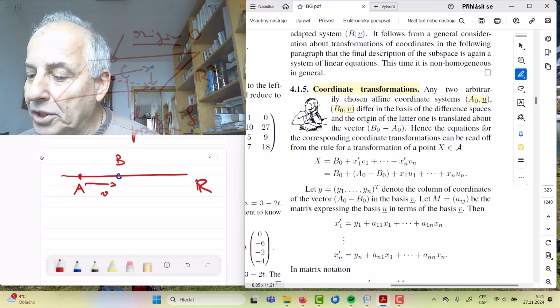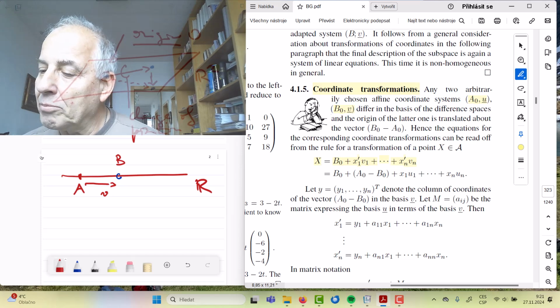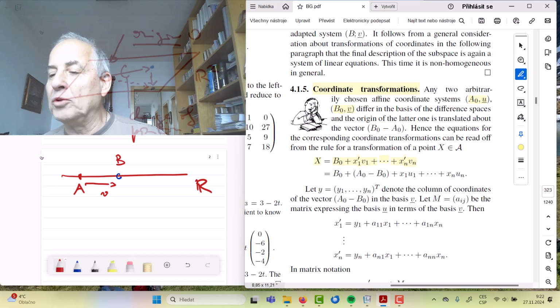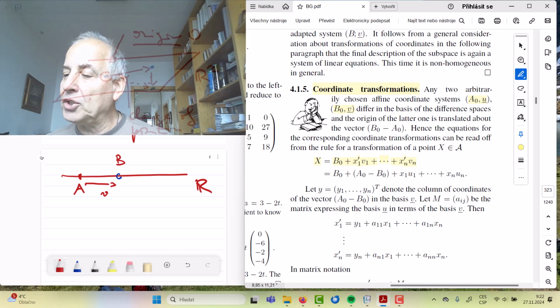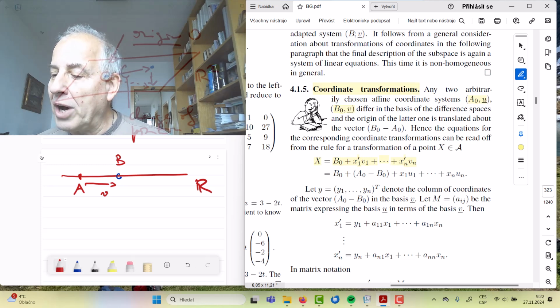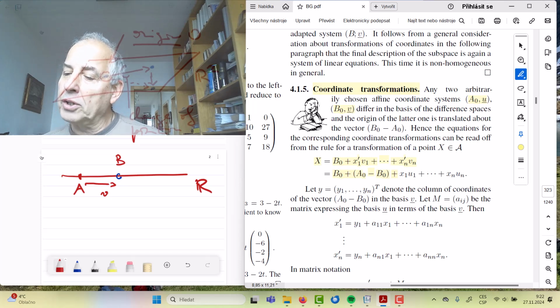So you see that the coordinates in the frame with B0 and V will be written this way, so let's call them the new coordinates, the dashed ones. And of course I can write it this way, right? I start in the point B and I add the vector which moves me to A0, and then I have to express the same thing here.